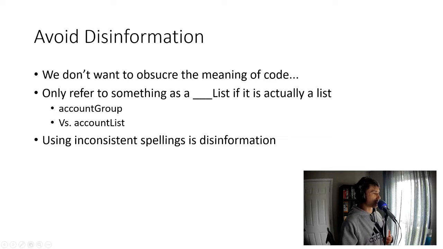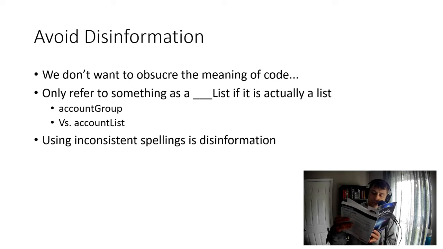Using inconsistent spellings is disinformation. Do not refer to a grouping of accounts as account list unless it's actually a list. Okay. And then if we continue forward, spelling similar concepts similarly is information. Using inconsistent spellings is disinformation.